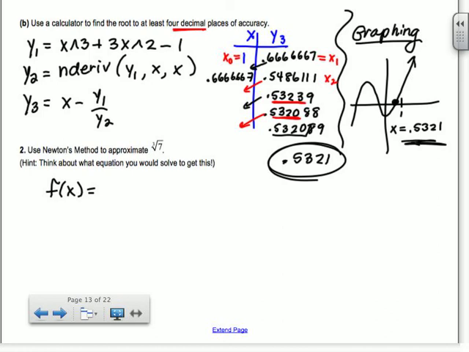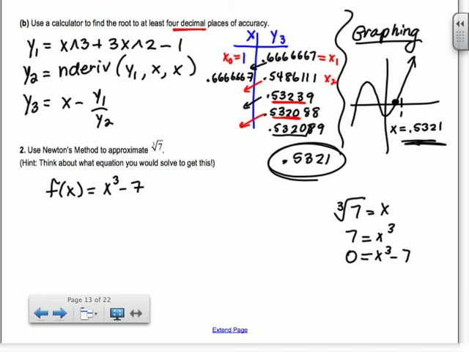No. Nope. Okay, think about it. We want the cube root of 7 to equal our x value. So that means 7 equals x cubed, which means x cubed minus 7 is going to equal 0. We want to find the zeros of some function, so we're solving x cubed minus 7. All right, so we need to find f prime.